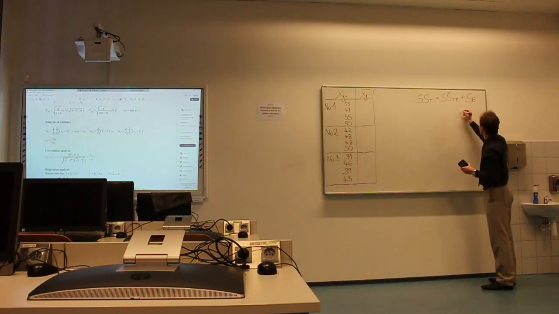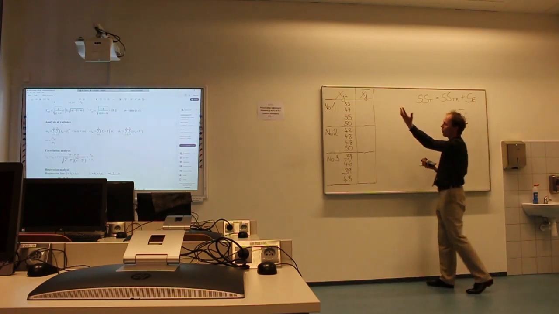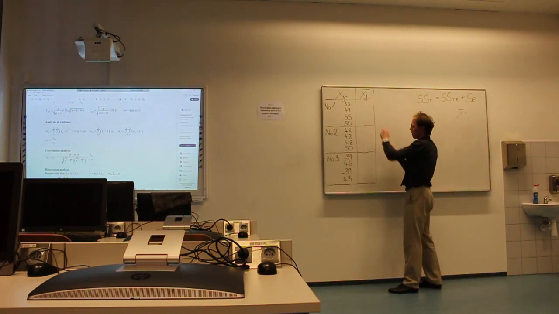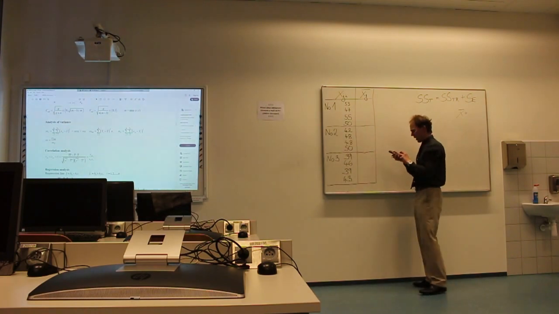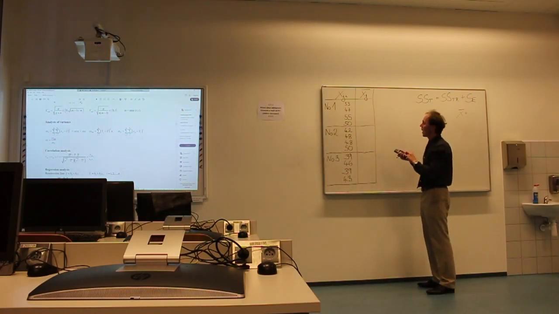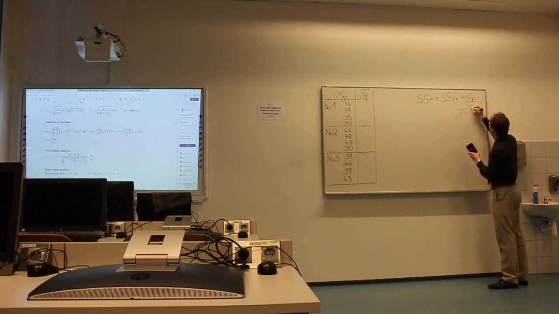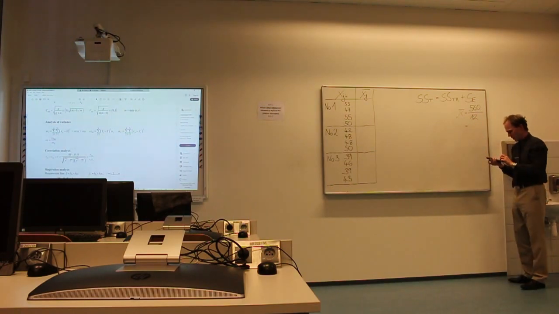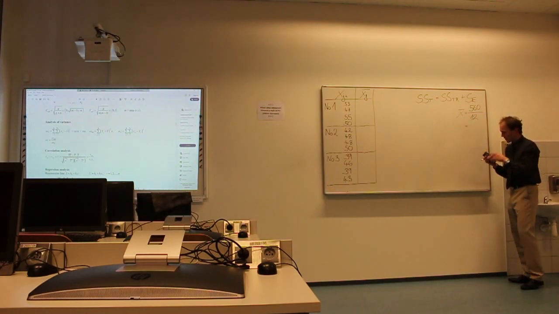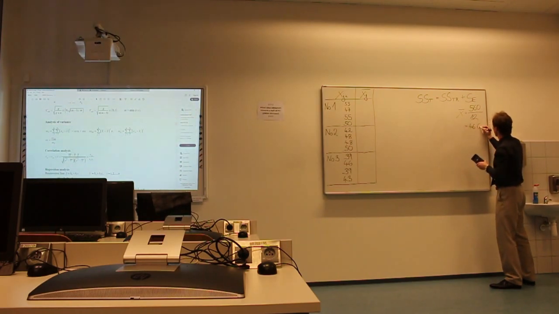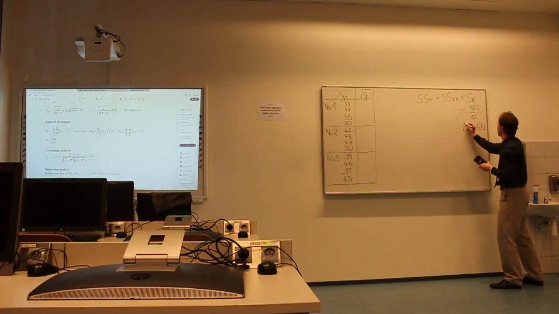So 53 plus 47 plus 55 plus 50 plus 42 plus 48 plus 48 plus 50 plus 39 plus 46 plus 39 plus 43. Numerator 560, denominator 12, so the result is 46.67. This is the total mean.